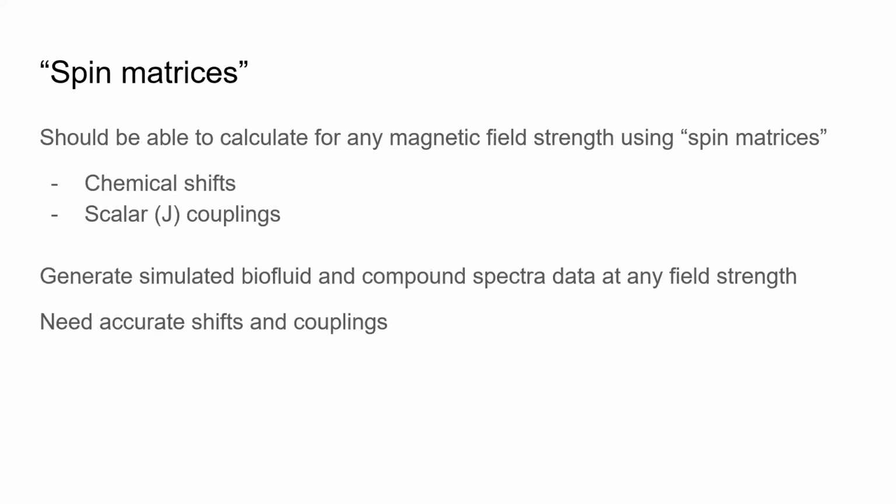For this last point, one of the things we've been trying is to use so-called spin matrices, because in theory we can calculate accurate spectra for any magnetic field strength, so 500, 600, 700, using spin matrices, which are basically tables of the chemical shifts and scalar or J couplings, which describe the position of the peaks in the spectrum and the splittings and the pattern of splittings that you see.